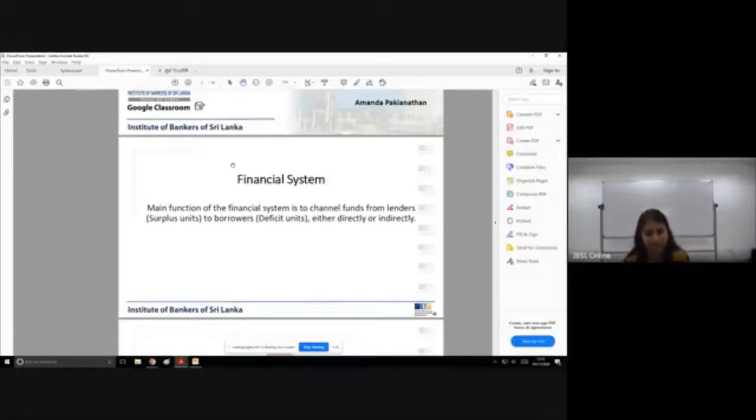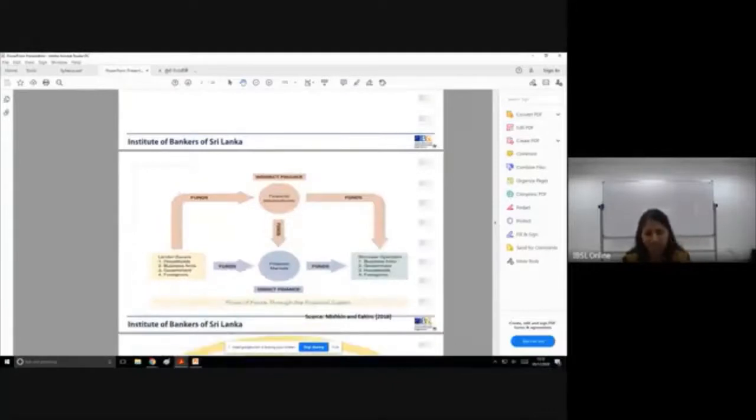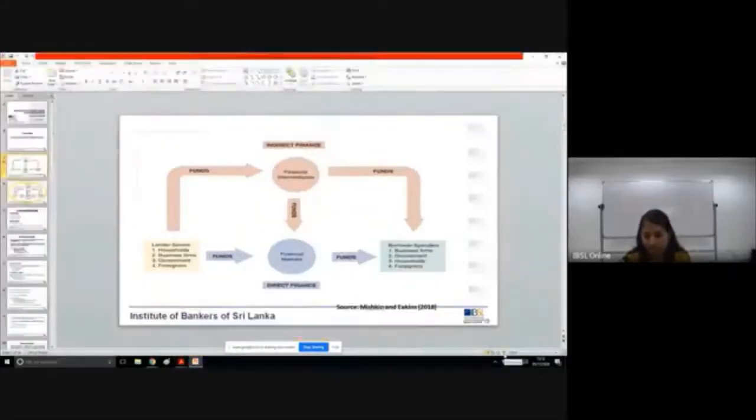It can be direct movement or indirect, but the financial system's main function is to ensure that this channeling of funds happens. This is a diagram that explains the entire financial system in one shot. Let me elaborate on what's happening.